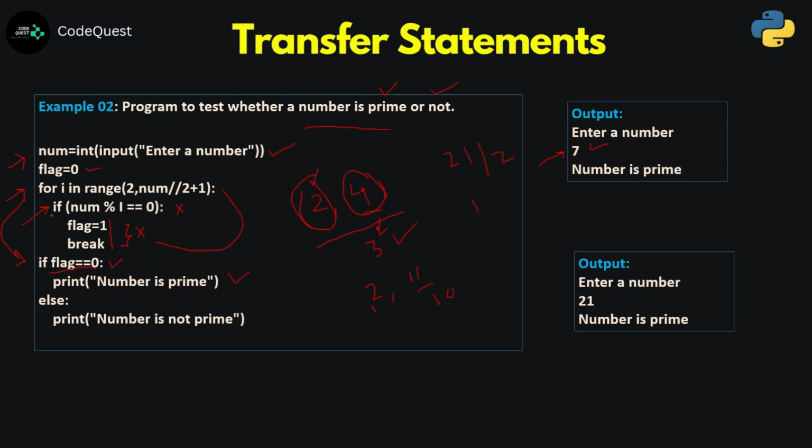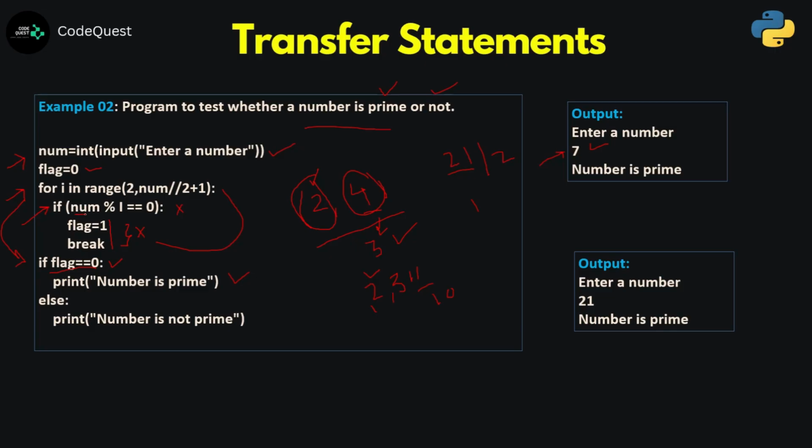Now when I check this first time, num modulo i, what is the num value? 21. The i value begins with 2. So 21 modulo 2 is not equal to 0. Hence these two statements will not execute. Now for the next iteration, the i value becomes 3.